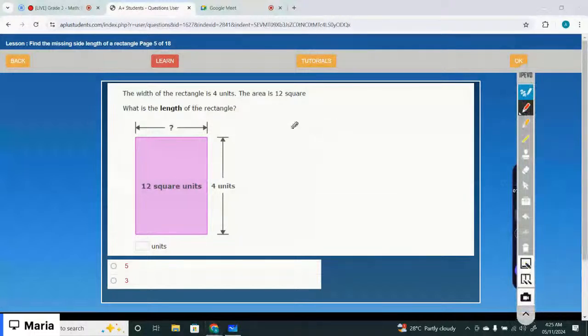Basically, the area of the rectangle is length times width, right? Earlier we did the lesson on how to calculate the area of the rectangle: area equals length times width. Now you are given the area is 12 square units and the width is 4 units. You need to find 4 times what number is 12.